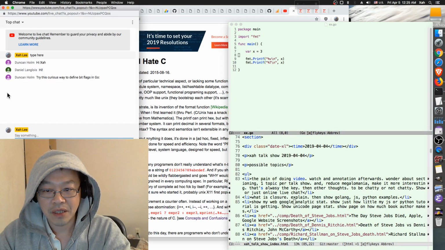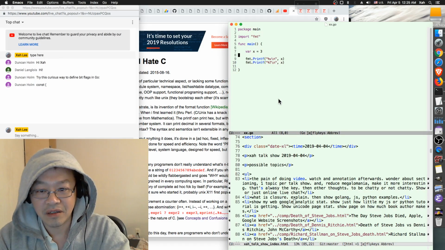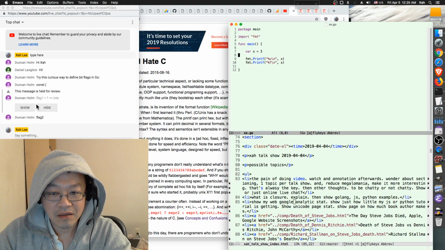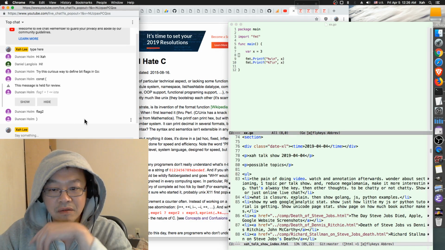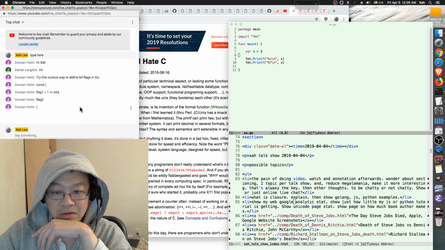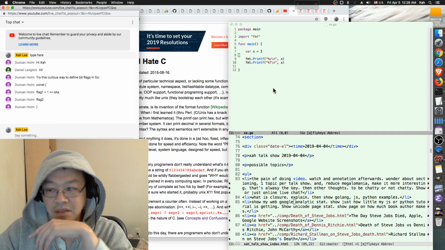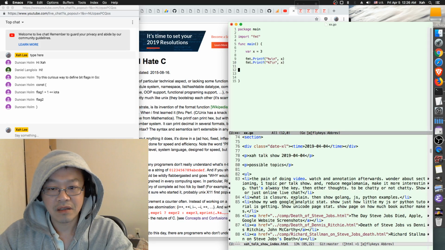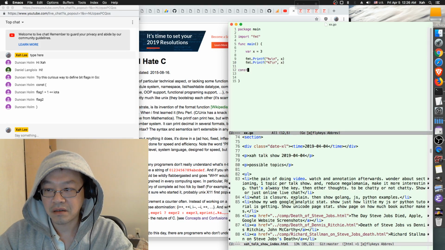Try this curious way to define bit flags in Go. Okay, so Duncan is showing me something. What is that? So Duncan says constant flag 1 equals 1 and flag 2.